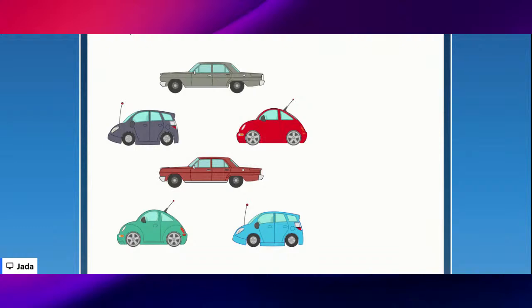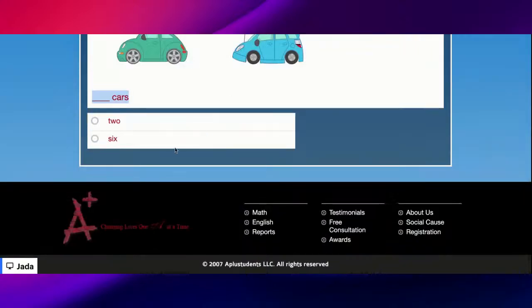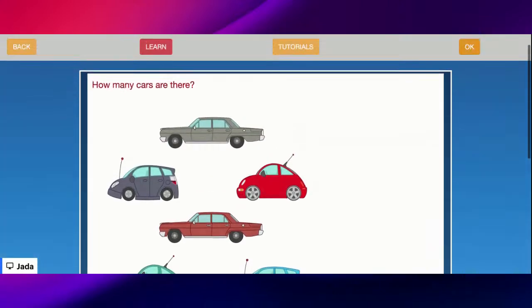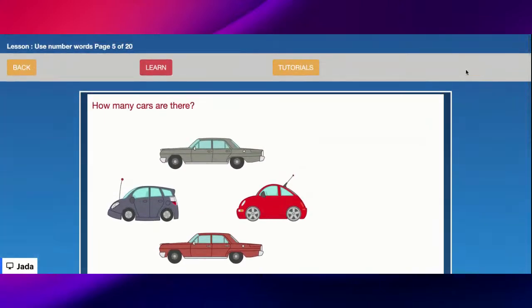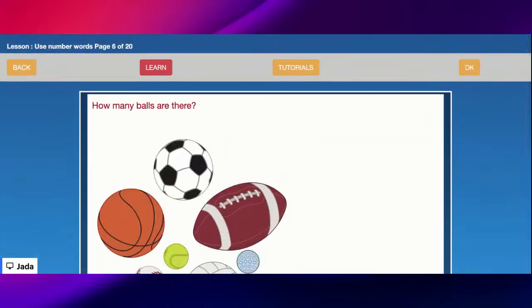So we have 6 cars. Six cars. So we have 6 cars.